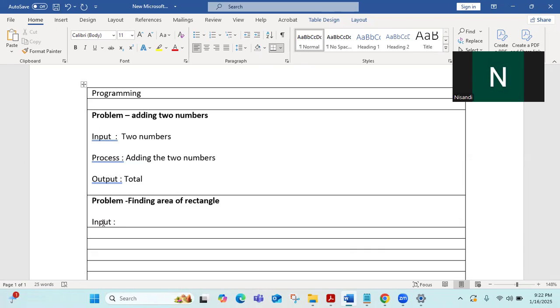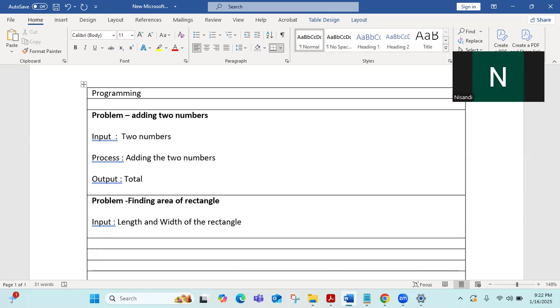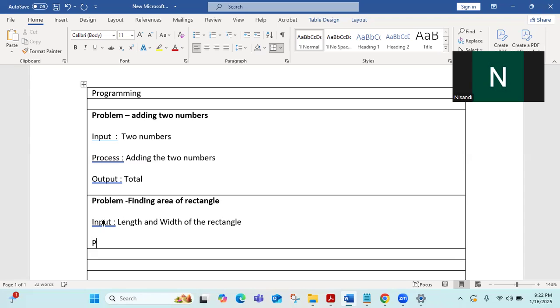The length and width of the rectangle. Okay, that is the input. Then the process, what do you do? The process is length into width. So area is equal to length into width.